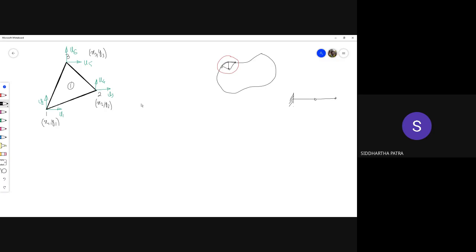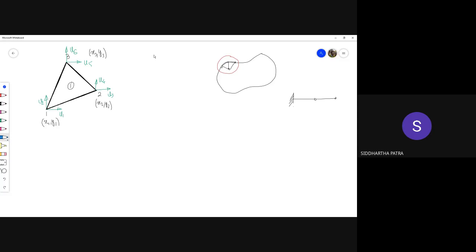Now, the only reason we used natural coordinates even for our one-dimensional problem was that we can smoothly incorporate that when we are doing multi-axial problems, and that's why the use of natural coordinates proves to be more effective. So that is what we are going to do now.